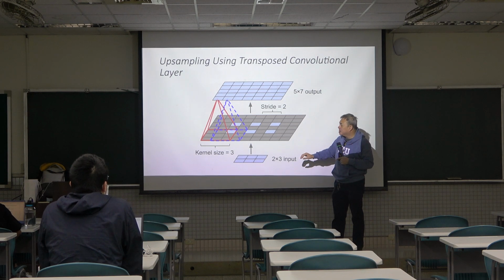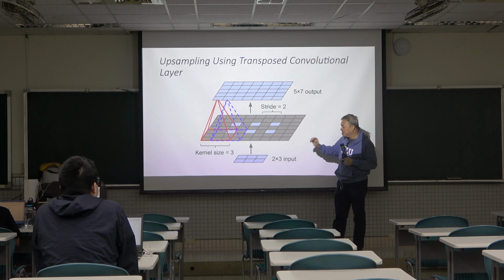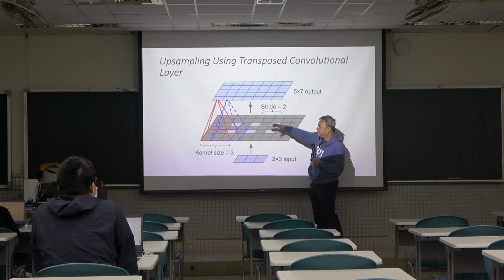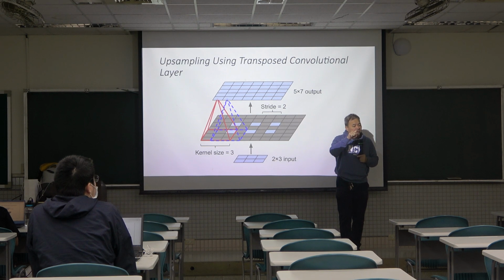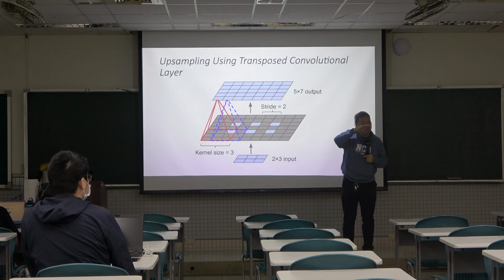So the transpose convolutional layer first stretches the input and then applies something similar to what we did in the convolutional layer, the filters. Remember, each filter has weights, and those weights are learnable.